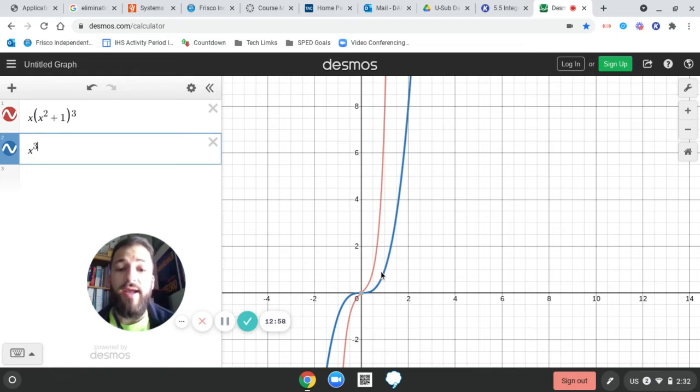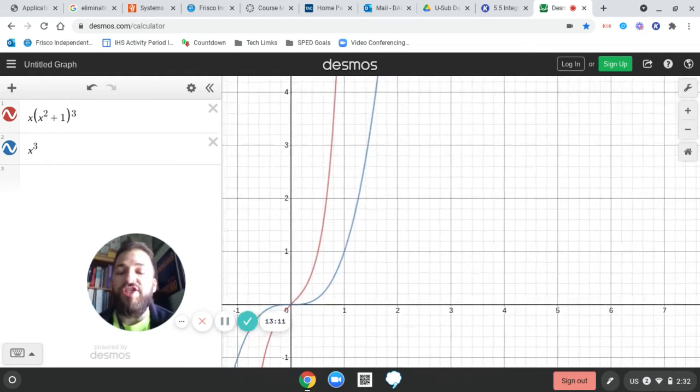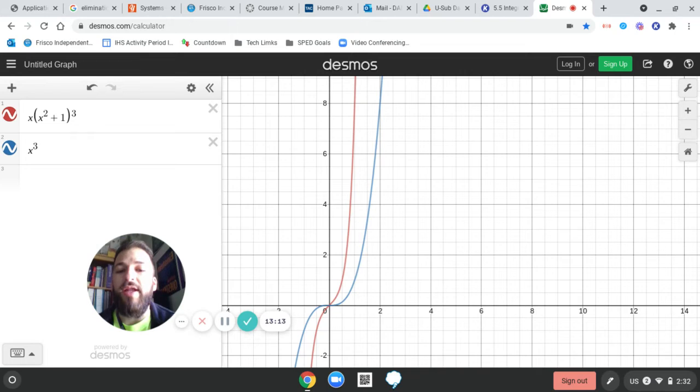If I integrated u cubed from 0 to 1, I would just get that little tiny area, and that wouldn't work. But if I shift it over, I'm now integrating the area from 1 to 2, which looks a little closer to the total area under my original function, which was from 0 to 1. So that's why we actually have to shift over.